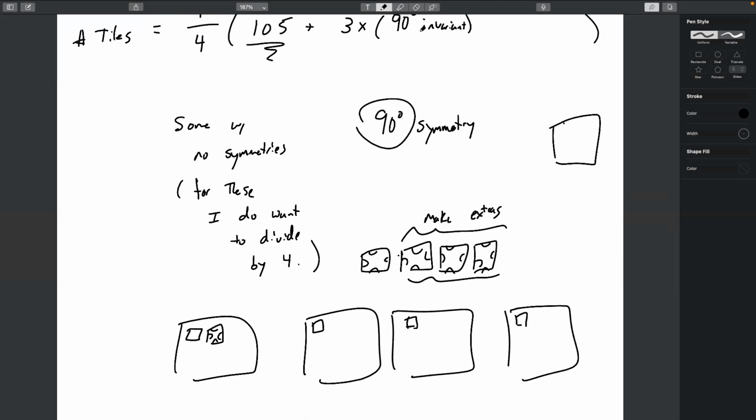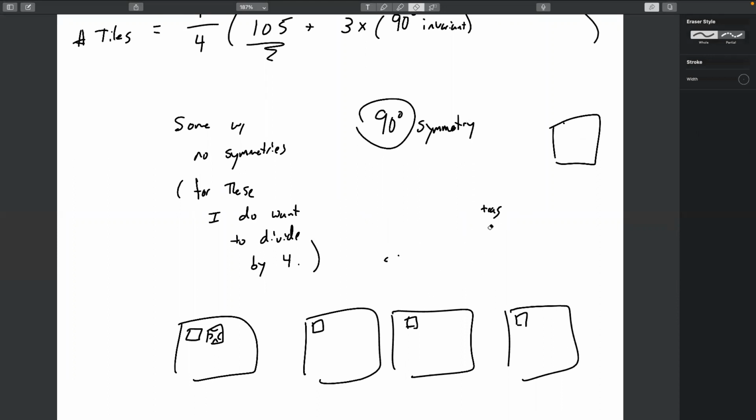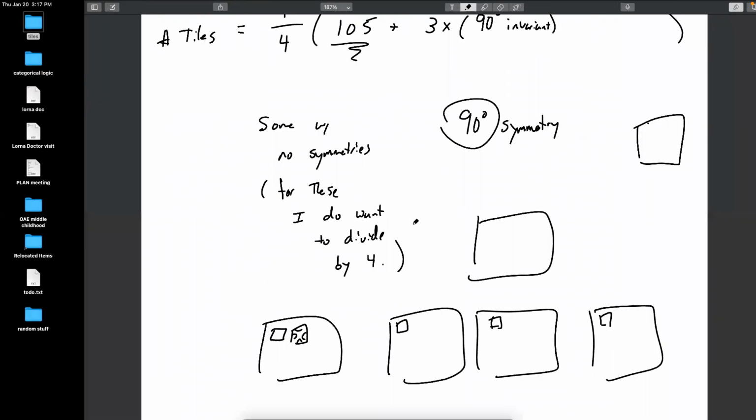And for those, imagine that we find a tile. I'm erasing parts of my notes, so well. But imagine that we've got a tile that has 180-degree symmetry. Like, I'll draw this one.